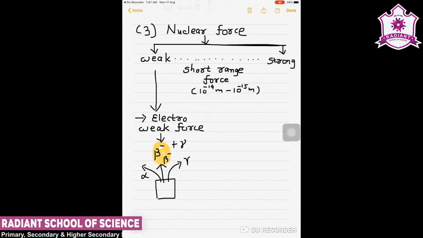At the time of this phenomenon, the electroweak force comes into the picture. So this is a very short range force. It comes into the picture when beta particles are emitted from the nucleus, and with them neutrinos, which are also fundamental particles.